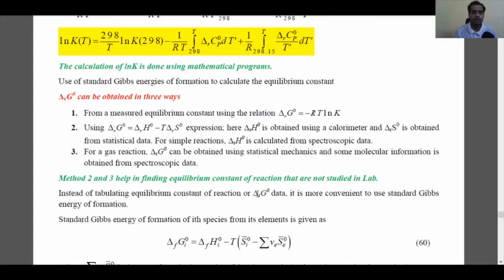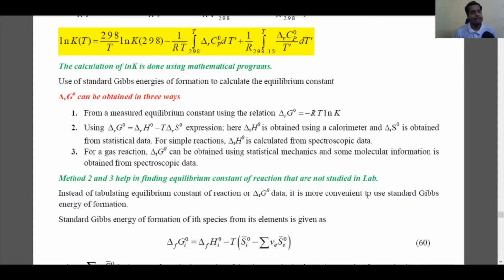So method 2 and method 3 help in finding the equilibrium constant of reactions that are not studied in the lab. If we can find out delta R G0, the reaction Gibbs energy at standard state, for a reaction, we can find out the equilibrium constant by using the first expression.